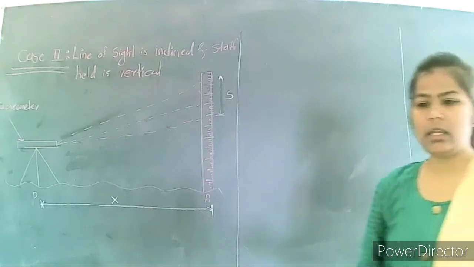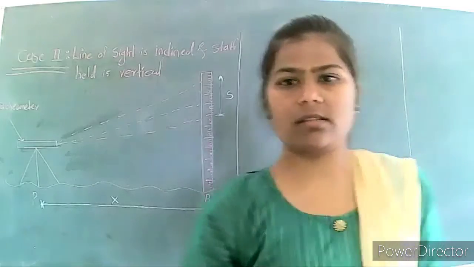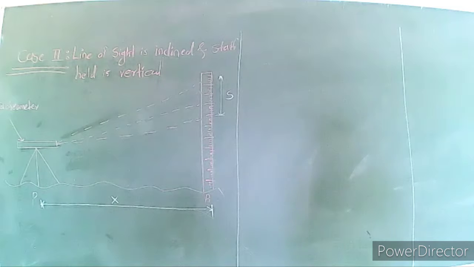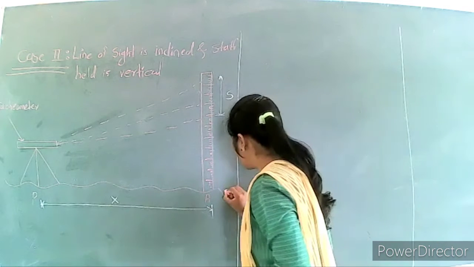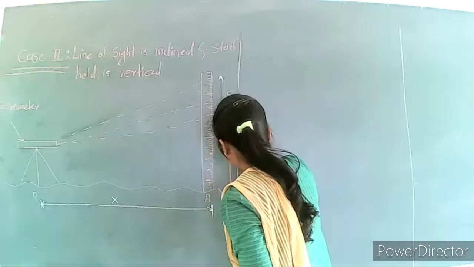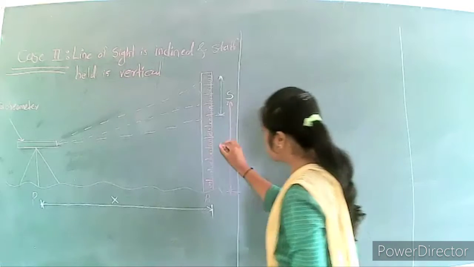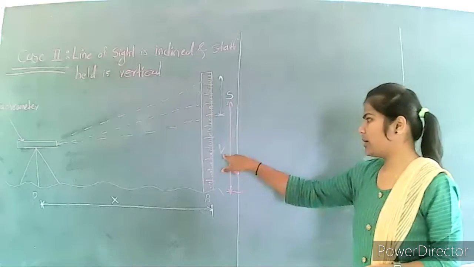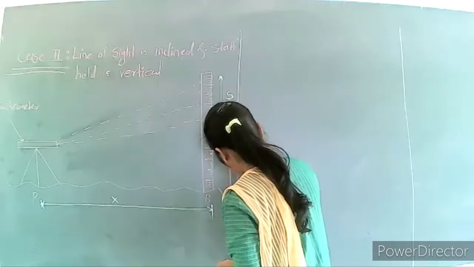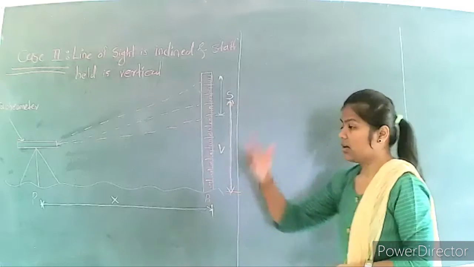From this, we have to calculate the horizontal distance and the vertical distance. From ground level to the axial hair reading, this distance is known as the vertical distance and denoted by V. Here we show the vertical distance and horizontal distance.